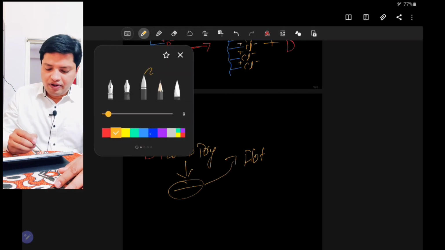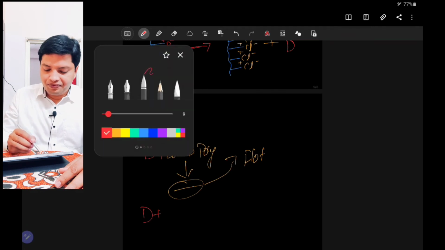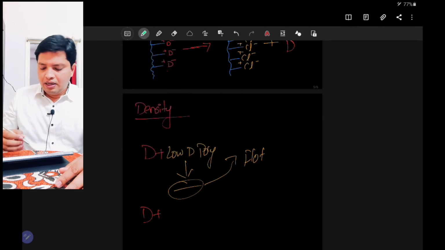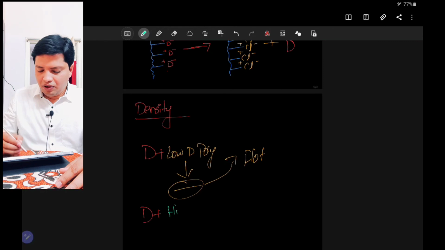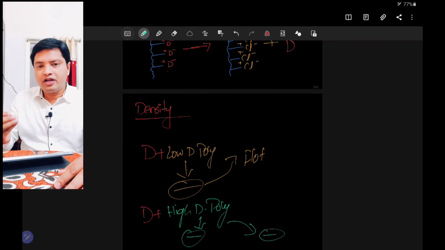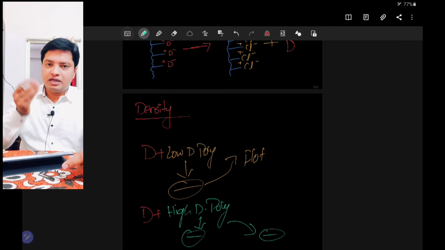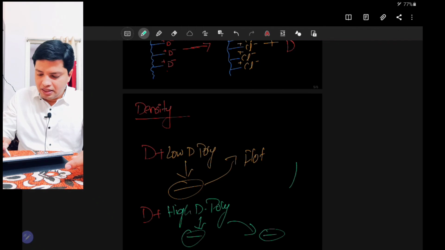Next case, we can take a drug, combine it with a high density polymer, and make a tablet. Now this tablet will settle down in the stomach region where it will not go to the pyloric sphincter.